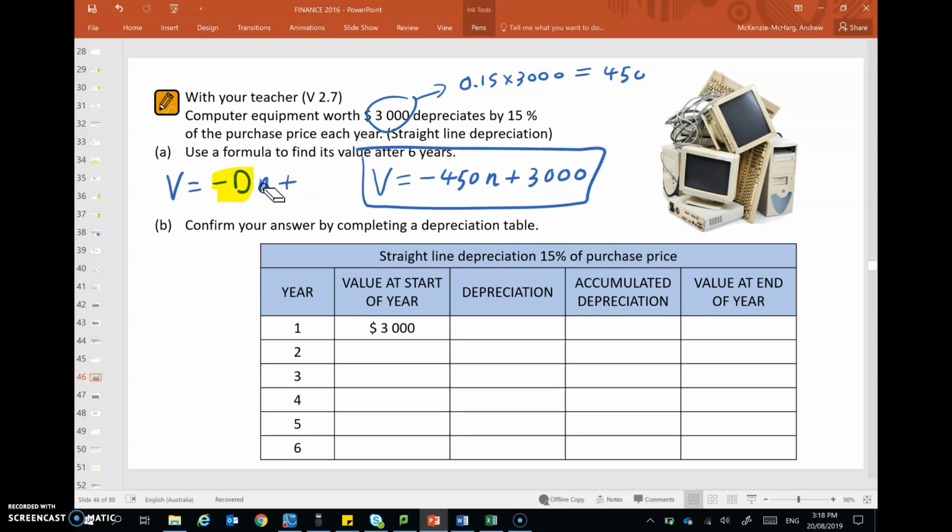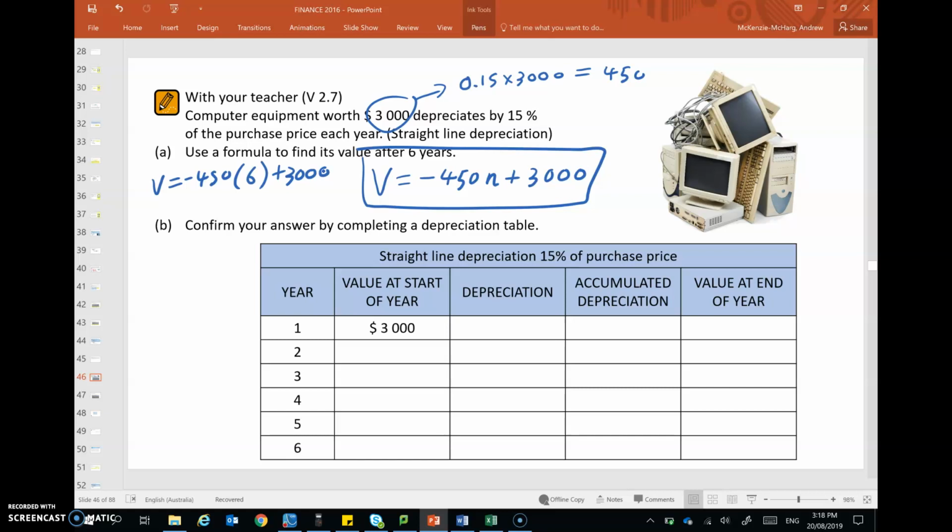And they want us to tell them how much the equipment is worth after 6 years. So we're going to put a 6 where the N goes. V equals negative 450 by 6 plus $3,000. You might want to pause the video and try putting that into your calculator to see what you get for the value of the equipment after 6 years.